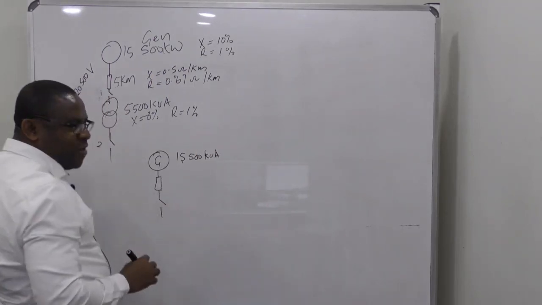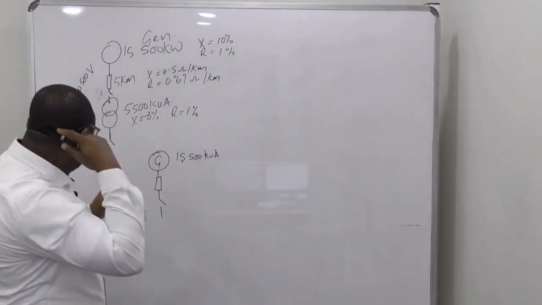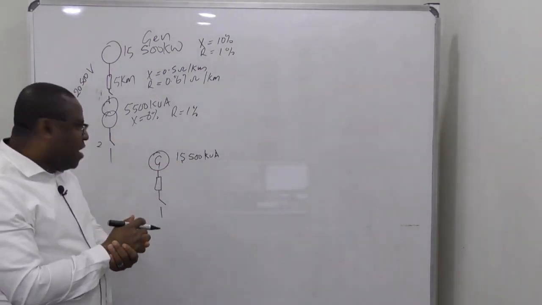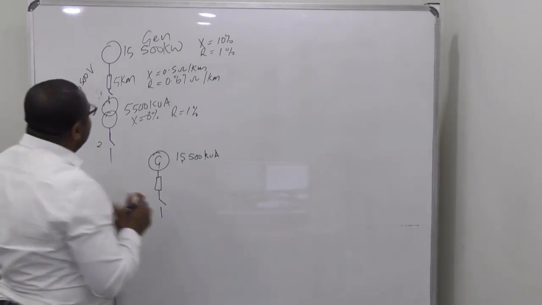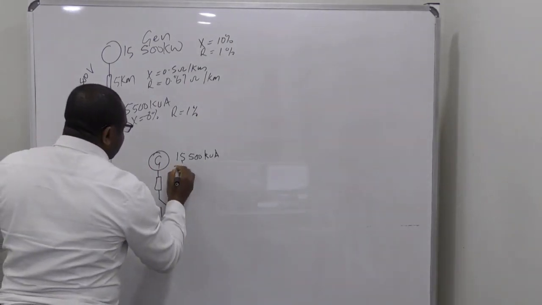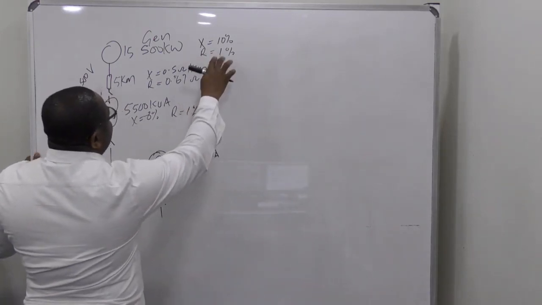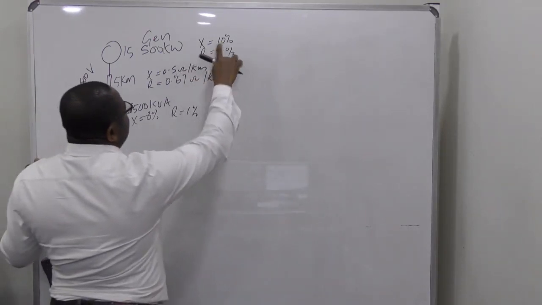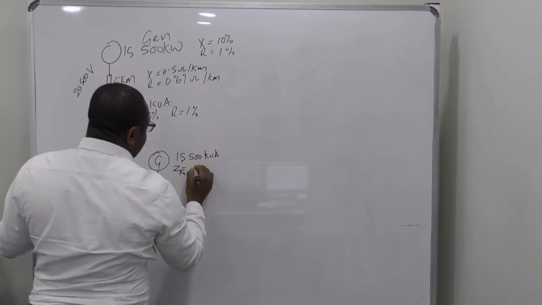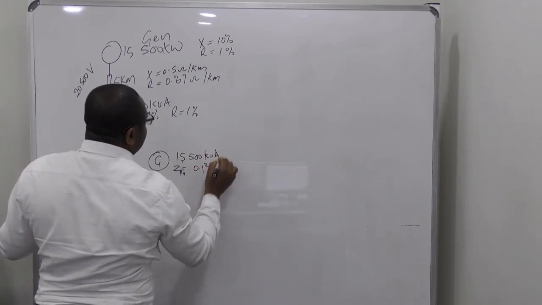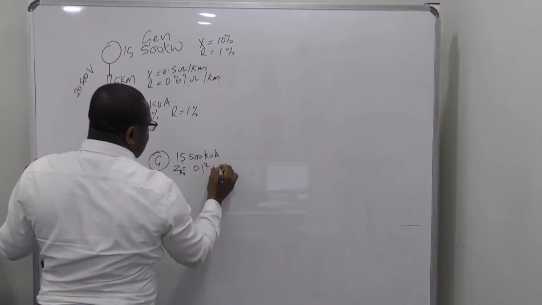We are given power factor of 1, so the apparent power will be the same thing as the active power. Okay, and then Z in per unit for that generator will be the square root of 0.1 squared plus 0.01 squared.